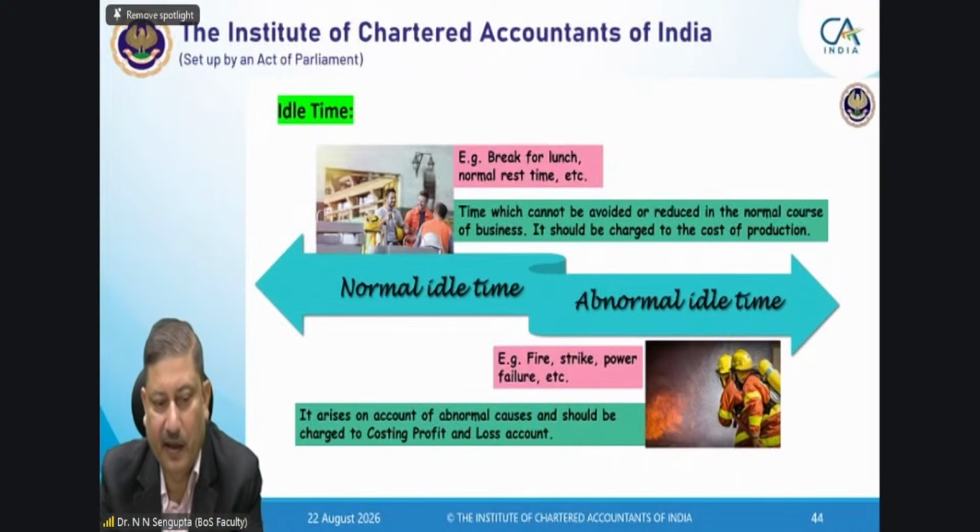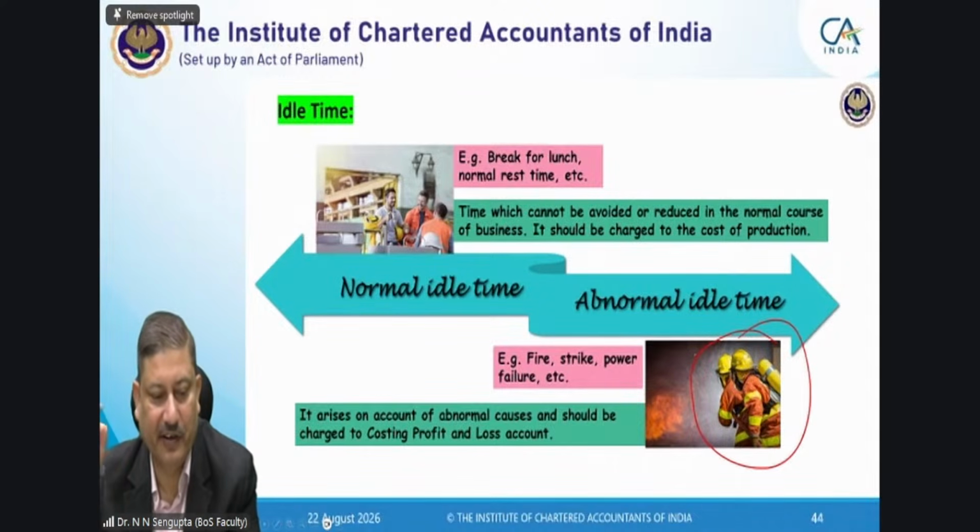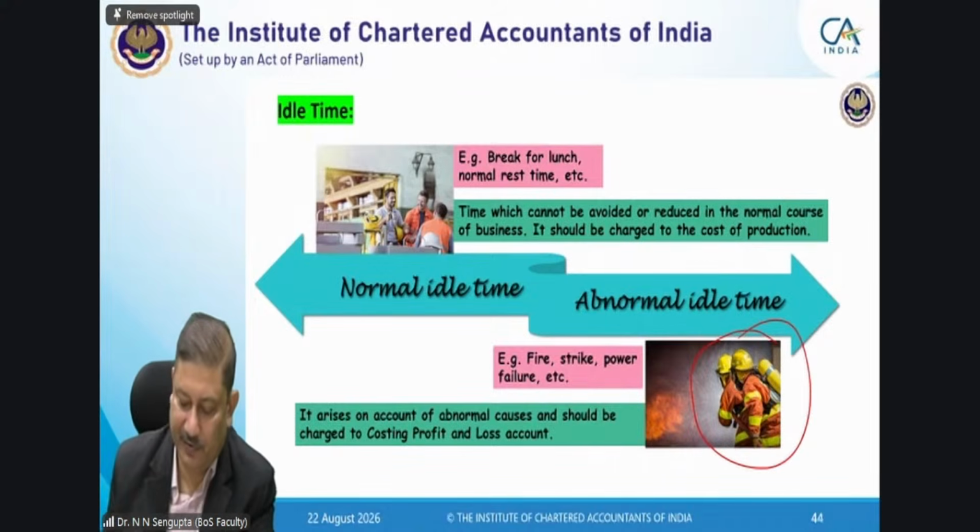So normal idle time, like routine time, will be absorbed by the normal course of business, and it will be charged to the cost of production. For abnormal idle time, you can see the example given, fire here, but strike, power failure, all those things can be there. And so the treatment of idle time will be different.